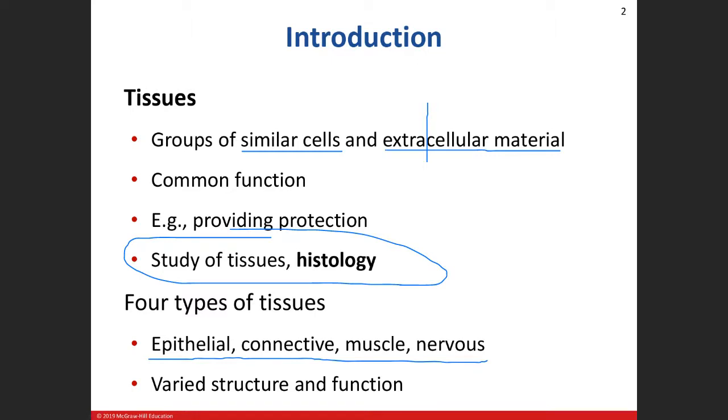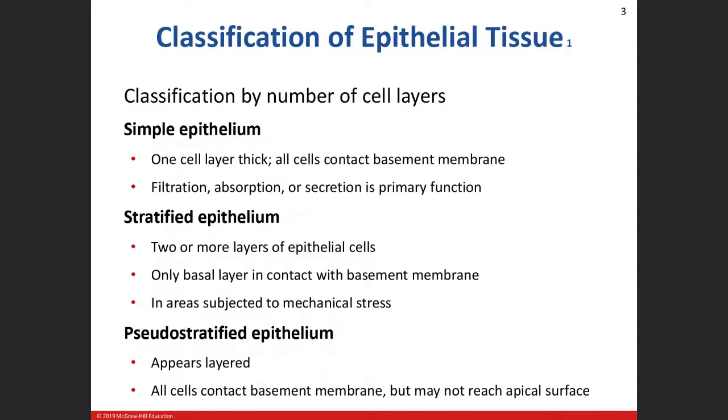We're all pretty familiar with muscle tissue and nervous tissue, because you've heard of muscle, obviously, and then nerves. But the first 2, epithelial and connective, people aren't as familiar with. But those are the 4 tissue types in your body. And then there's subdivisions, and we're going to go through that. These tissues are varied in both the way that they appear, their anatomy, and also their physiology, their function, like what they do.